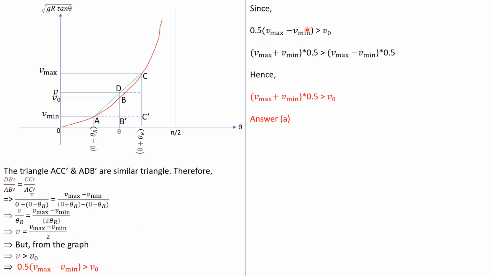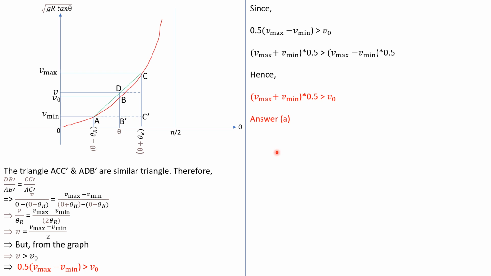Since V0 is less than this, V0 is less than (Vmax plus Vmin) into 0.5. And this expression is there in option A. So answer A will be the correct answer.